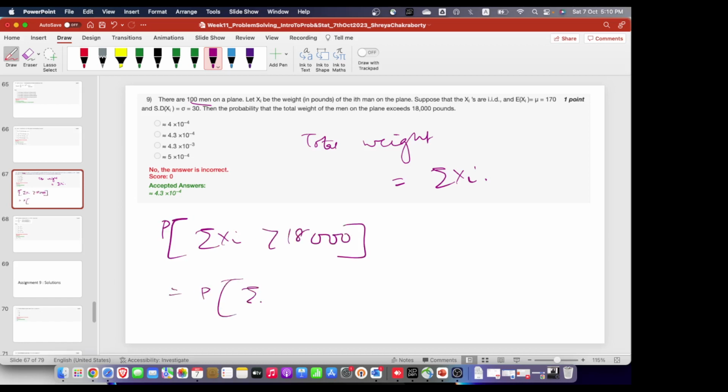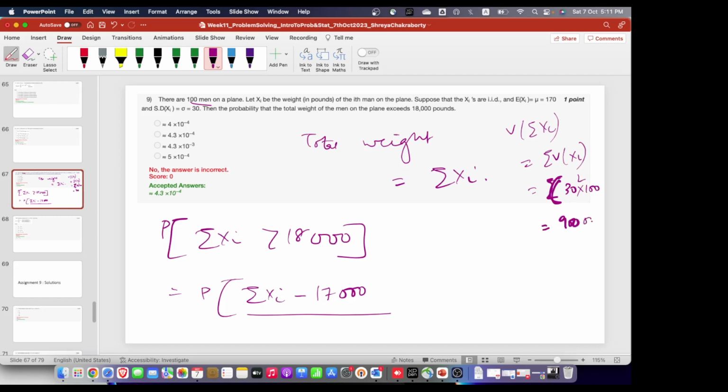This is probability of summation xi minus expectation, which is 170 into 100, so 17000, by SD, where SD of xi is 30. So variance of summation xi is summation variance of xi. So this will be 30 square into 100, which is 90000.